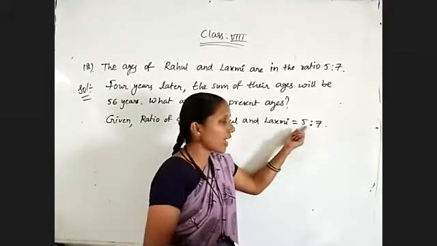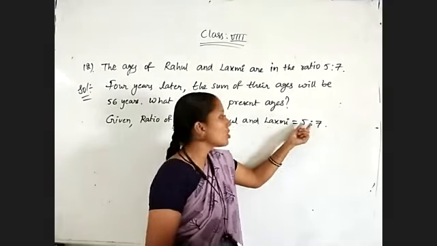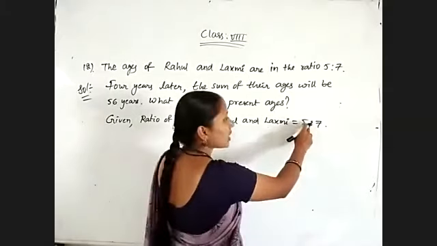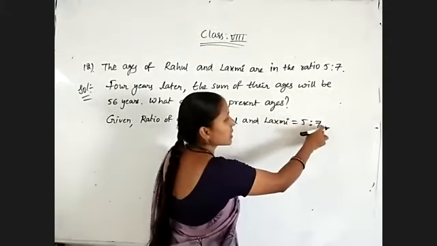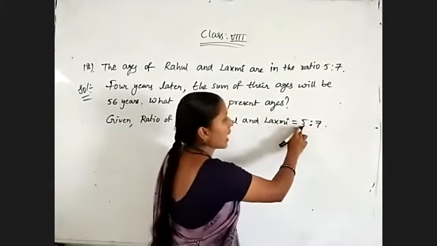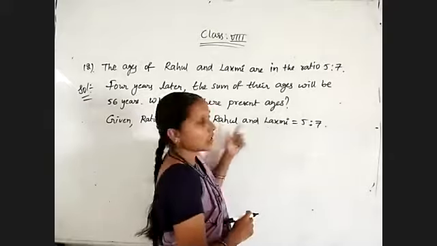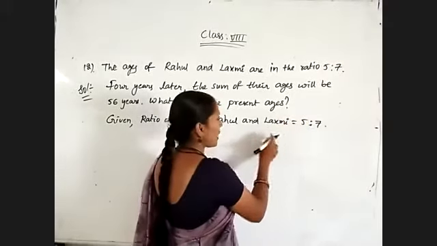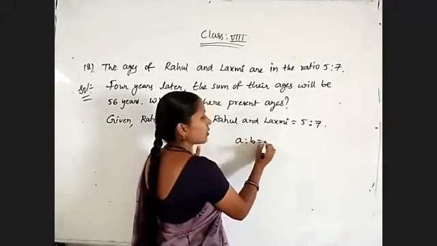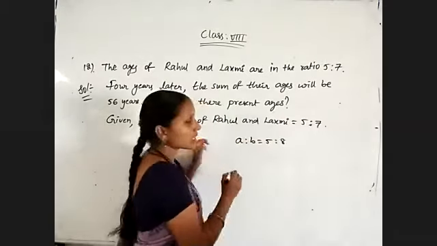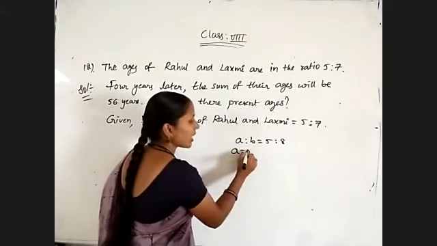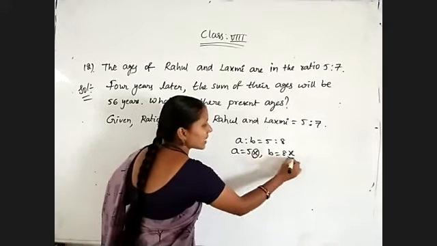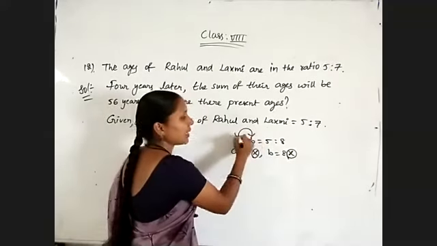In fact, 5 and 7 are in the simplest form. So Rahul's age will be 5 into any common factor which is common for both terms, the antecedent as well as the consequent. See, whenever a ratio is given, A is to B is equal to 5:8, A value will become 5x and B value will become 8x. Here x is the common factor of A and B.